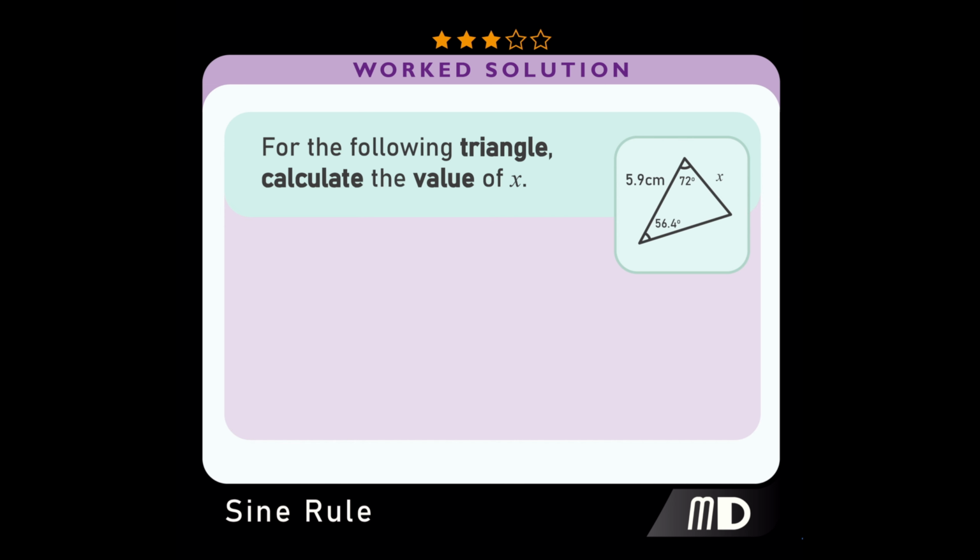Then, using the sine rule, we need to substitute the values of the sides and angles given to us into the formula before isolating x and evaluating the terms to find its value.